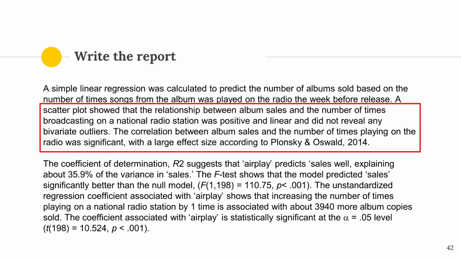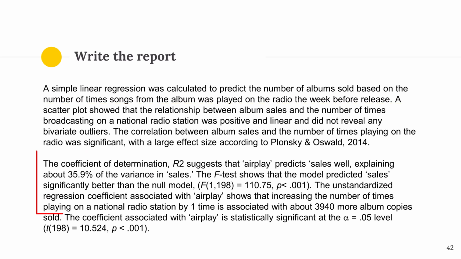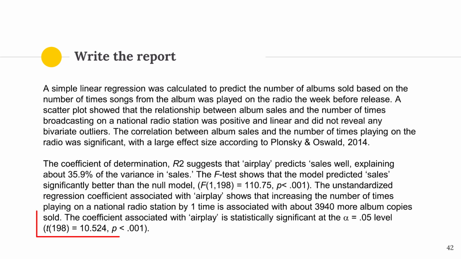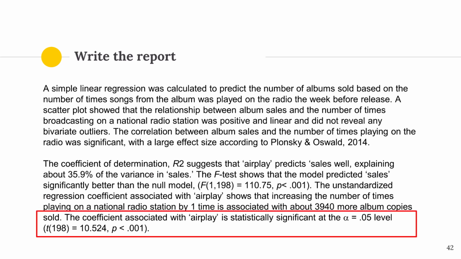We may then talk about correlation, as we will do regression only when the predictor and outcome variables are related. Otherwise, there is no point to predict something based on something unrelated. In the next part, we can report and interpret the coefficient of determination, followed by the overall analysis and coefficients. Finally, we may mention the t-test in terms of the coefficient associated with our predictor, airplay.